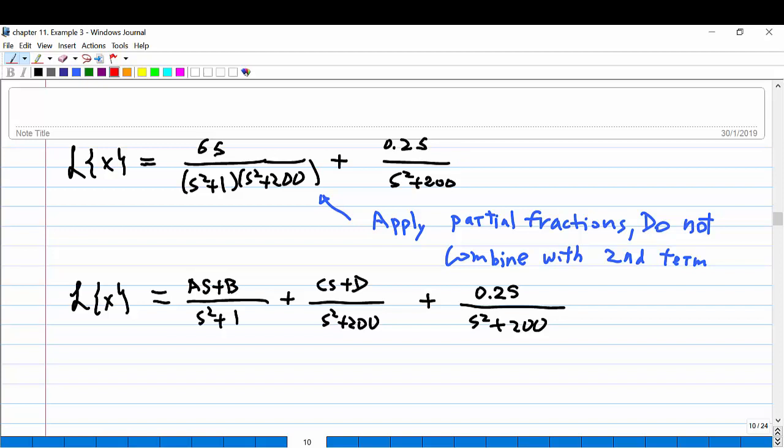Later on, we combine. So this is (as plus b) over (s squared plus 1) plus (cs plus d) over (s squared plus 200). We're going to find out what a, b, c, d are.